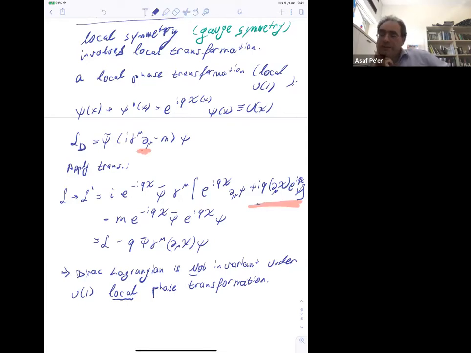Now we said we're going to follow the gauge principle, so we want to make the Lagrangian invariant.